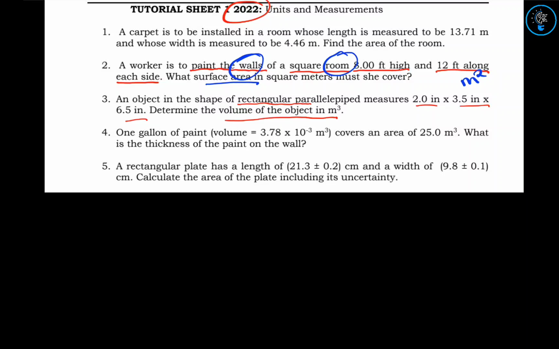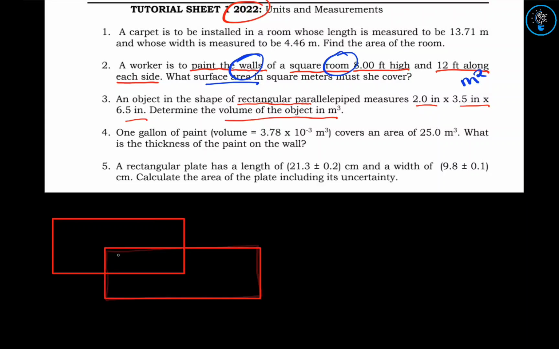Okay, so the object is rectangular. So let's do it. It's rectangular, but at the same time it resembles a pipe. So it's more like a pipe with a surface area of a rectangle.